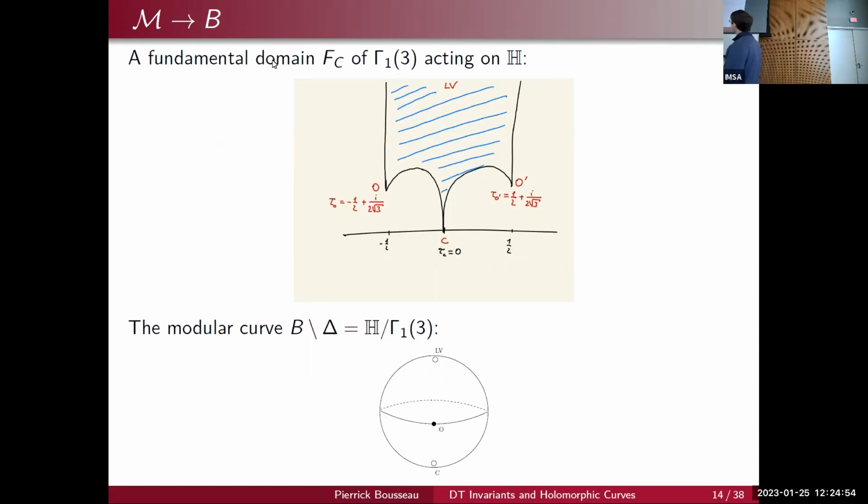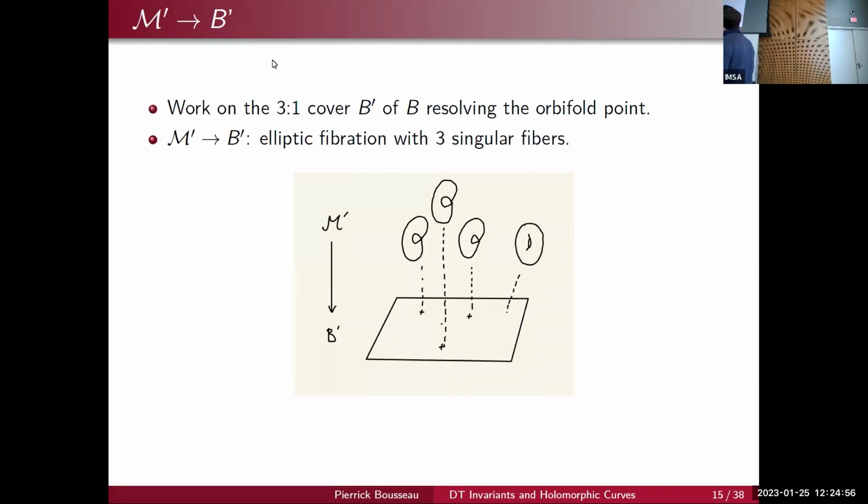Before there was a single conical point, now there are three of them because I took a 3-to-1 cover. And then over this, the pullback of the universal family of elliptic curves is denoted by M'. Away from the conical points, it's a smooth fibration in elliptic curves. And above the three conical points, I only get three nodal singularities, three nodal elliptic curves.